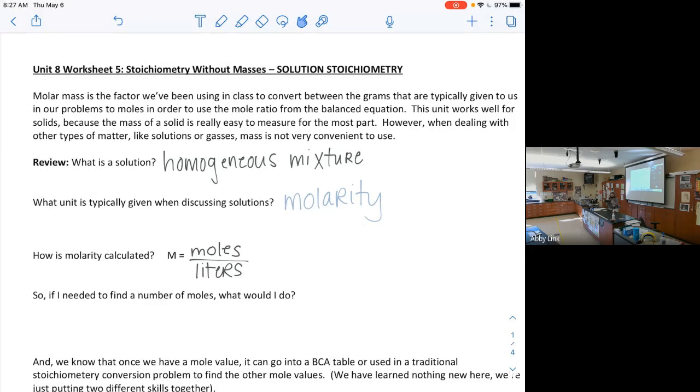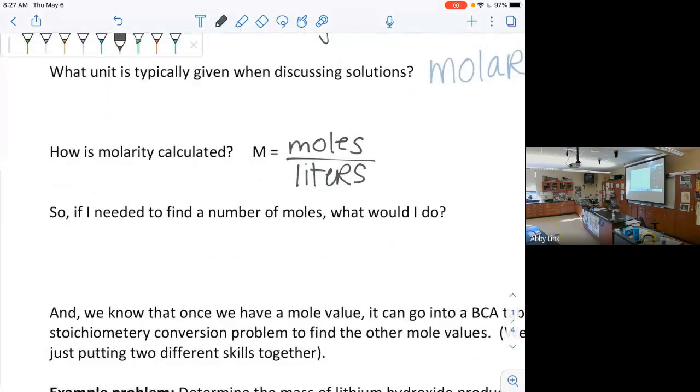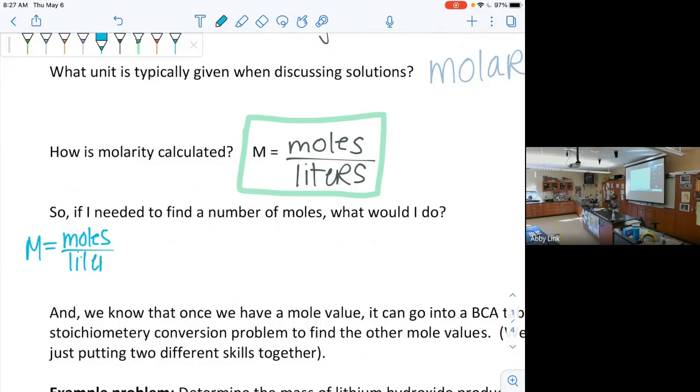All right, so if I wanted to get moles by itself, I'm going to come down here and rewrite it just so I don't screw that one up. So I'll put a little box around this one because this is an equation we will use. So if I have molarity equals moles over liters, if I wanted to get moles by itself, I multiply both sides by liters, so that I can get liters out of the denominator there.